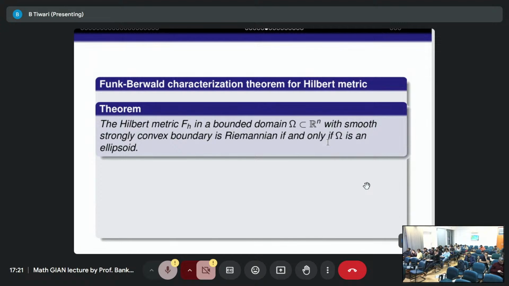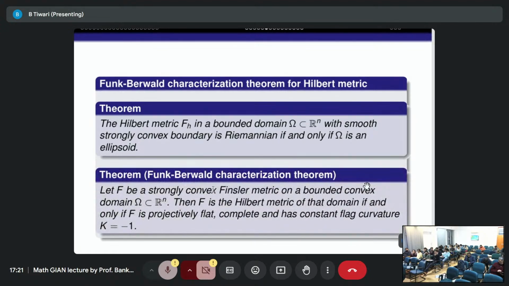And you saw that it's a Klein metric, which is a Riemannian metric. So, for an ellipsoid, this Finsler metric is Riemannian. It's actually an if and only if condition. So, if it's not an ellipsoid, it cannot be Riemannian.